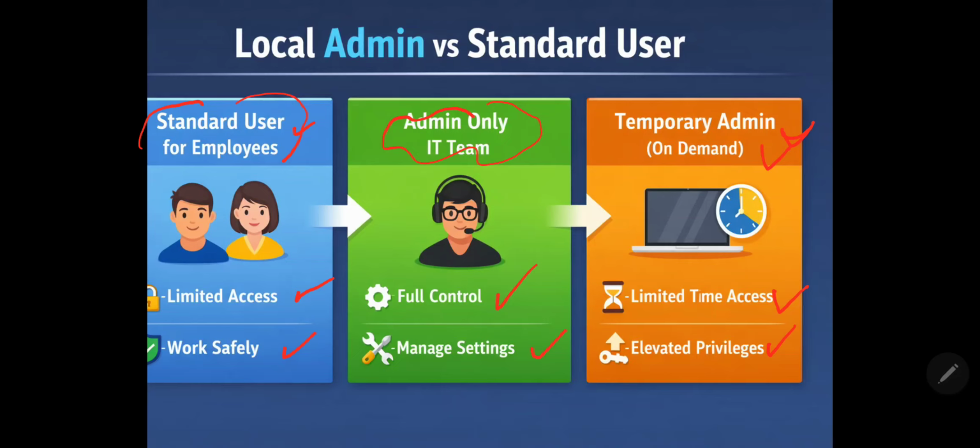Okay, and how to set up an admin user on MacBook. It is similar to before. You can see the standard user setup is similar, but with a small difference. Step one, go to System Settings, choose Users and Groups, click Add User.